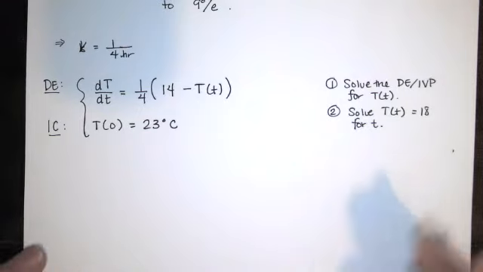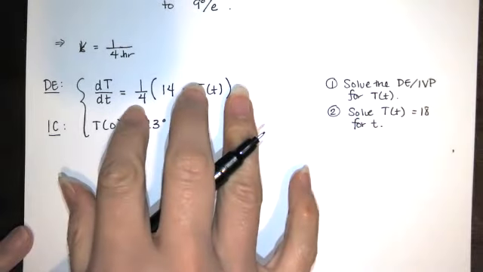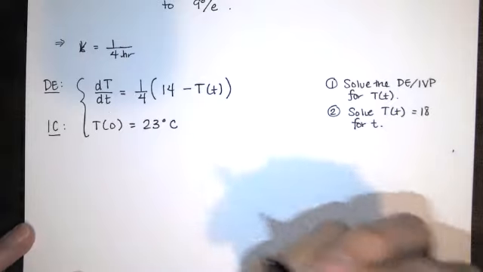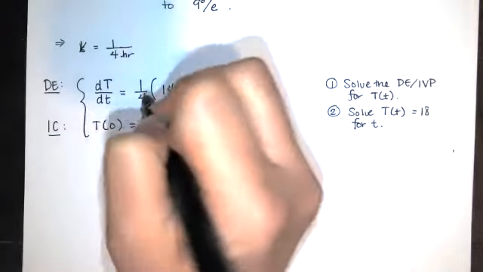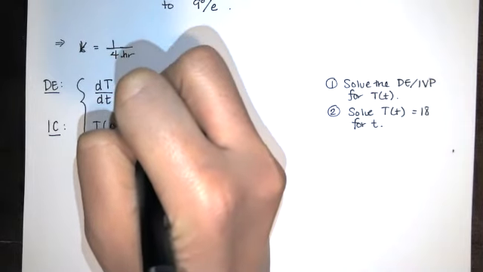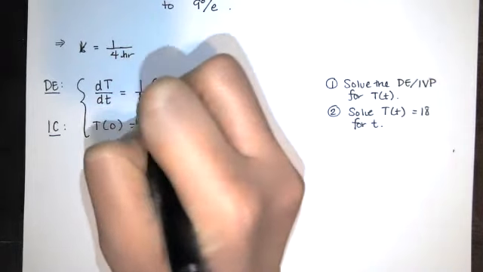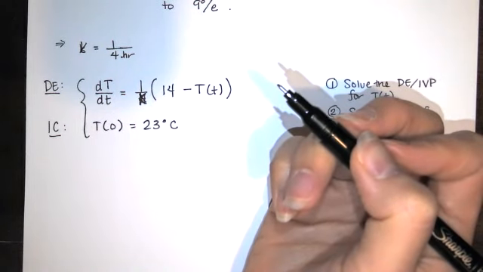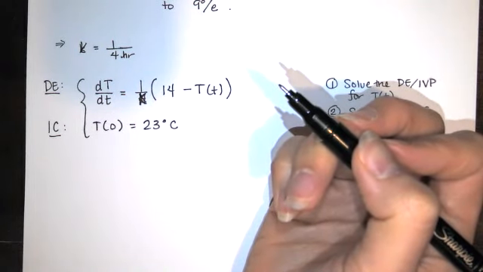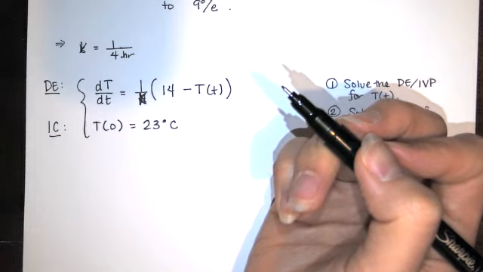Now, if you want to, you can not use this 1 over 4. You can just use 1 over K and then change that later. I think that actually might be a better way to do things. Actually, should we say 1 over K?